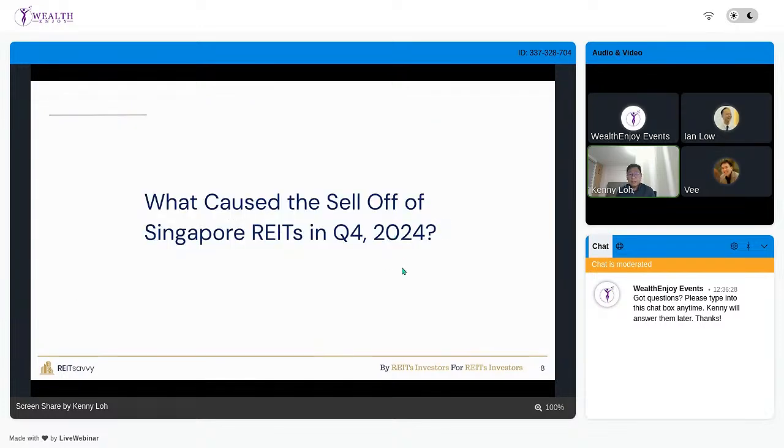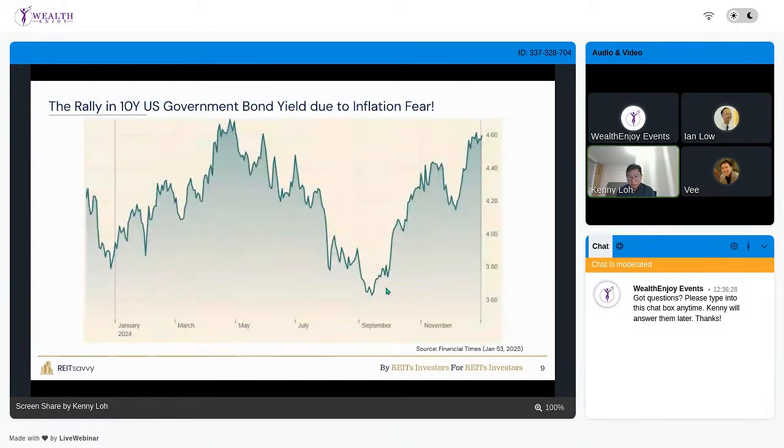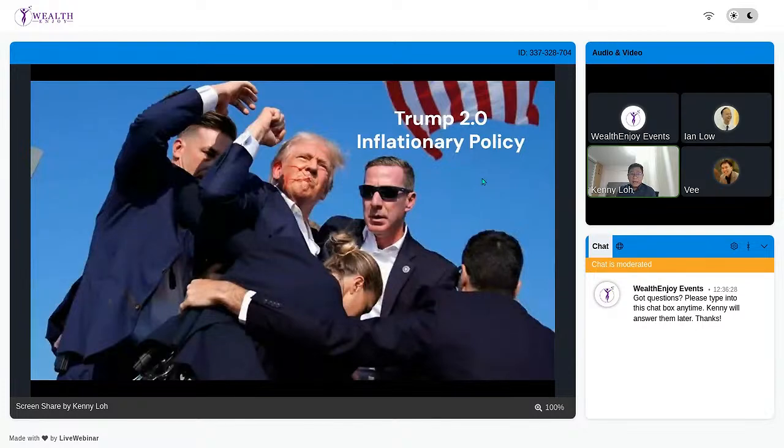You can see that during that time, there was a sharp rally since September 2024, after the 10-year risk-free rate hit 3.6% and then rallied back to 4.6%. There was a very strong rally in the US 10-year risk-free rate, and this was mainly caused by the Trump 2.0 inflationary policy.